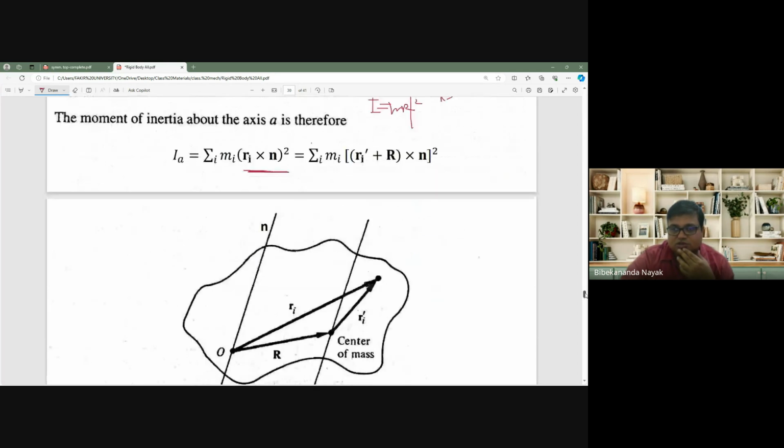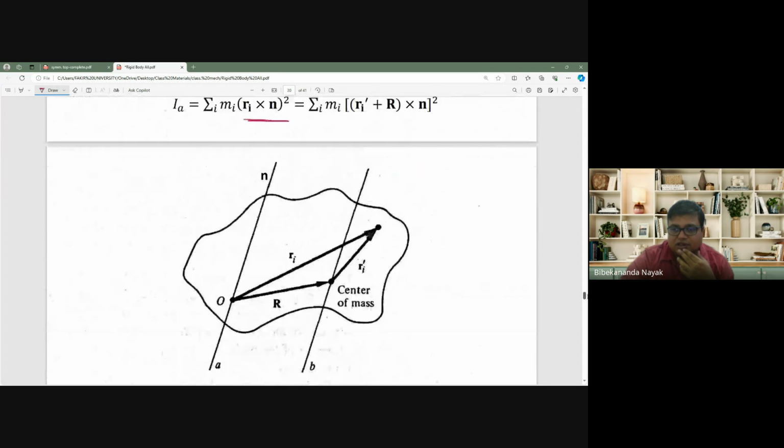See, for example, take the origin on the axis, where n cap is the axis of rotation. The body is here, the center of mass of the body is moving here. Let's say its coordinate is r, and the coordinate of this point is ri. Then from this relation we have r plus ri prime is equal to ri.